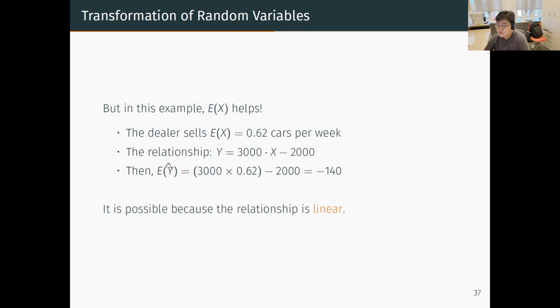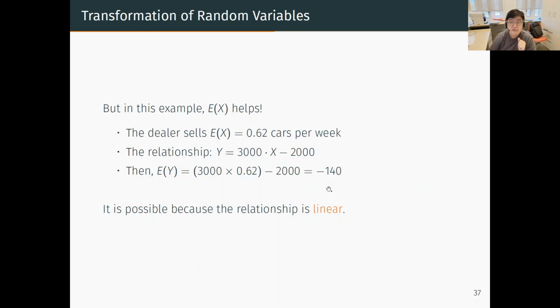So the expected value of Y is 3,000 times the expectation of X, which is 0.62, minus 2,000. Just follow the relationship and plug in the expected value of X. Then you get 140 minus 140. Exactly the same result we get from the full steps, right?